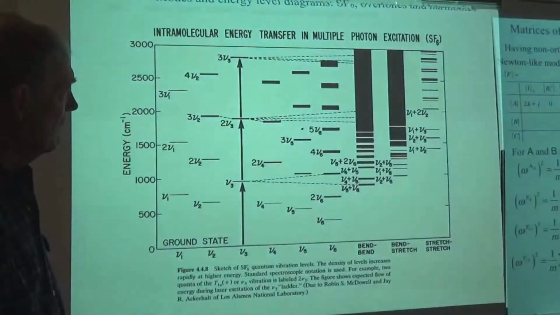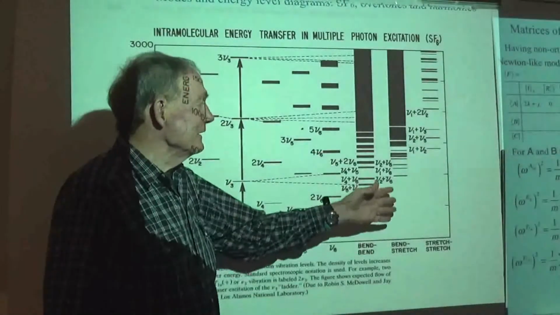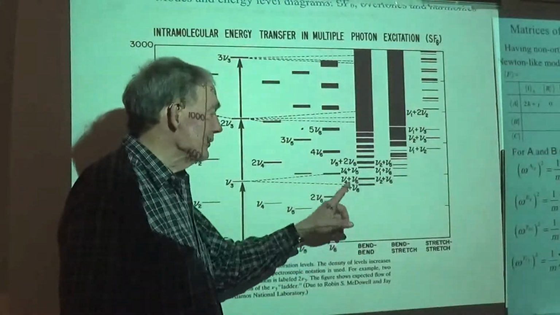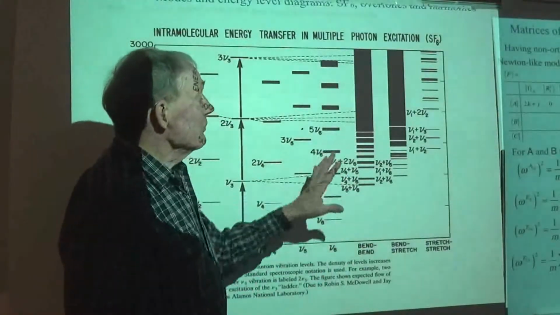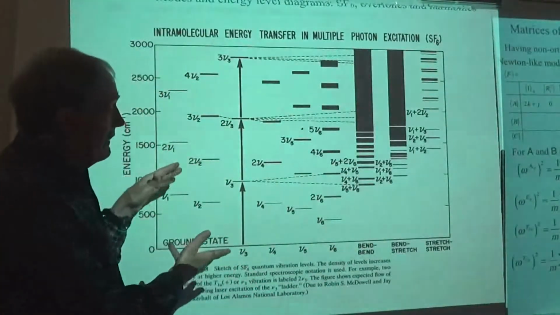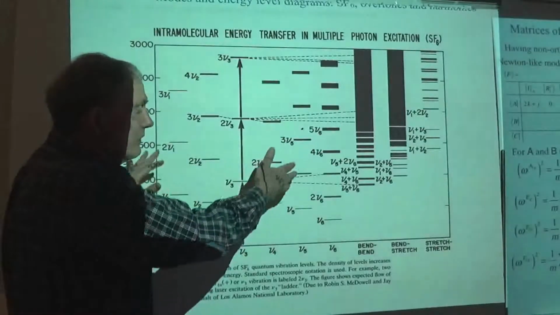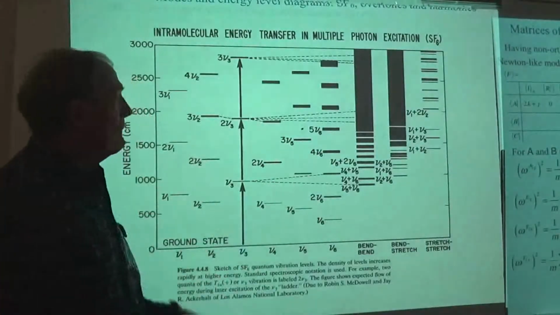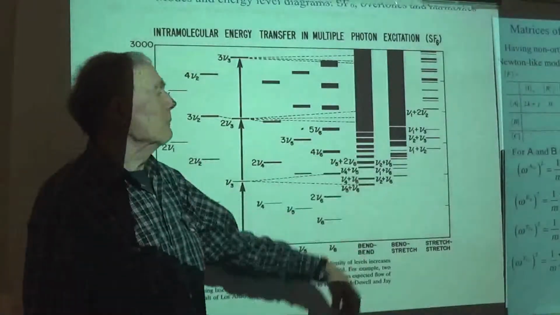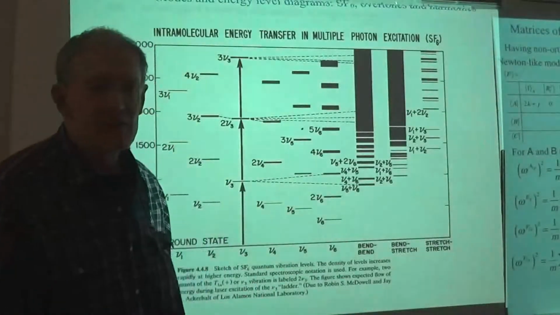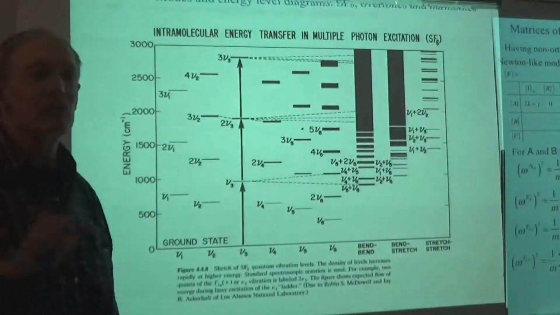When they discovered that, people repeated the experiment. Then as you get over into the combination tones, wow, the spectrum. So you can see if you heat SF6 up and start getting these things going, you've got a real mess. The spectroscopy, you won't be able to see through it. And that's the problem with buckyball. That happens at room temperature.